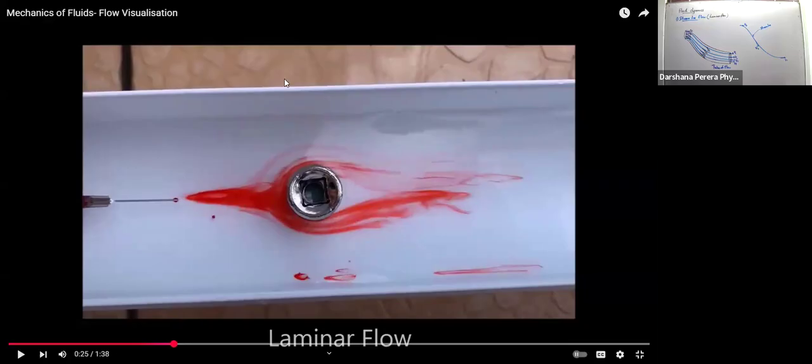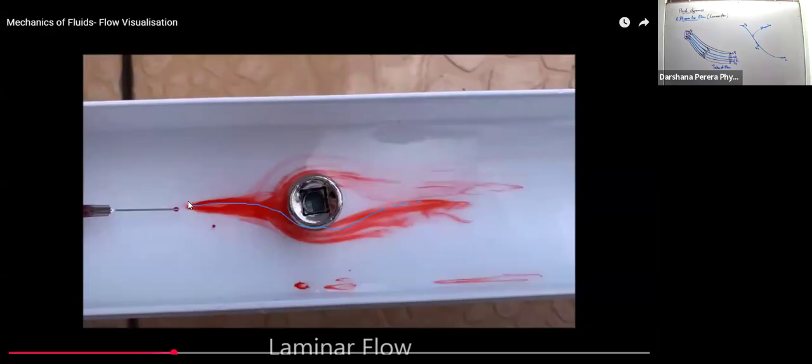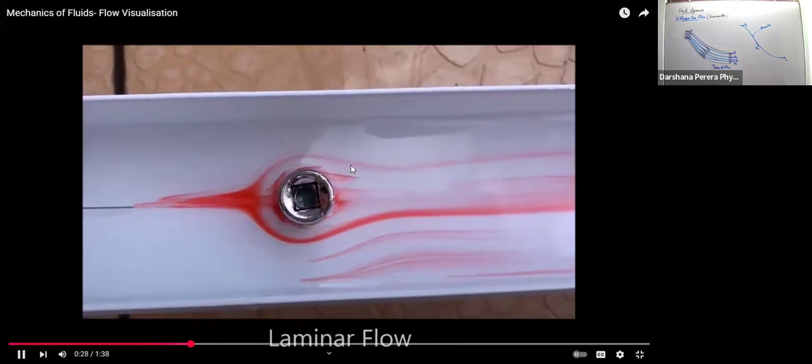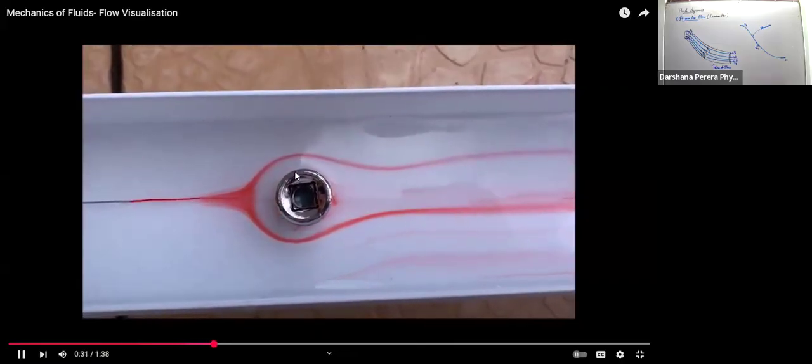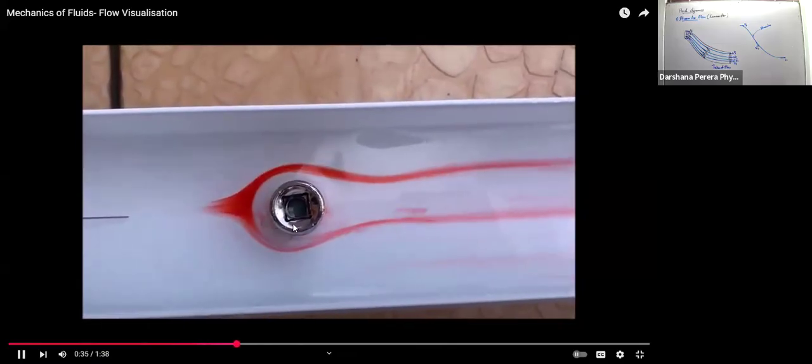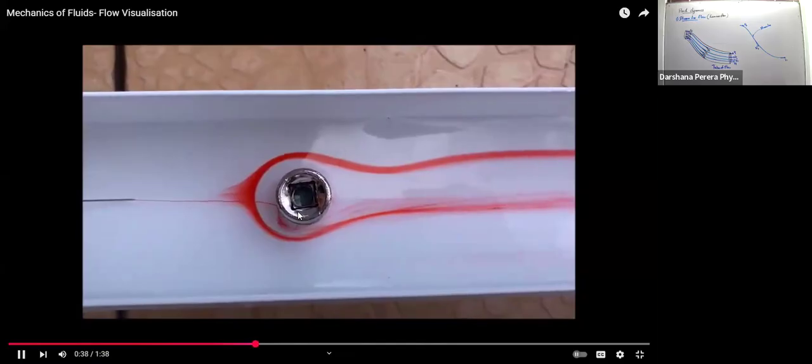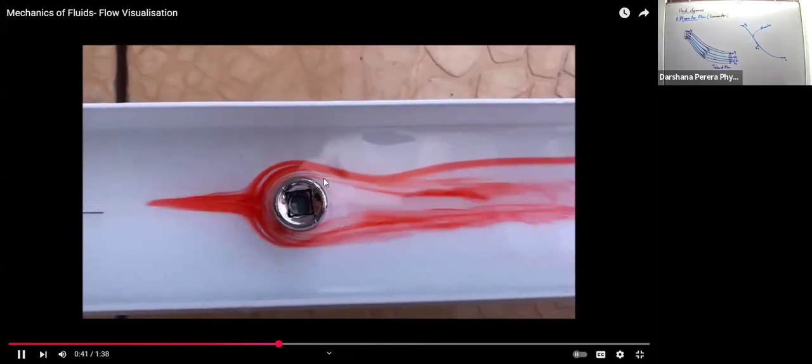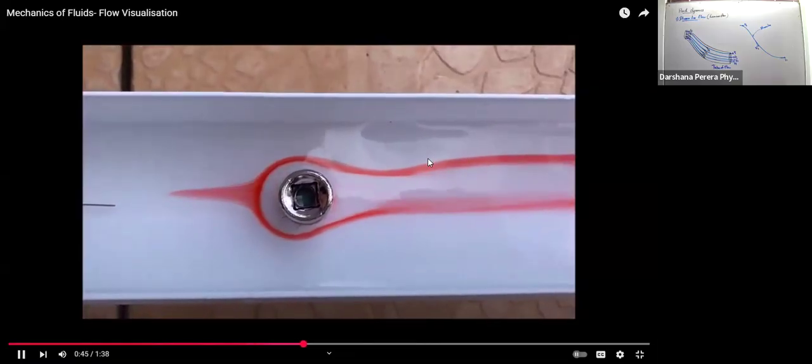These flow lines are very identical, and we can draw them like that. This is the laminar flow.